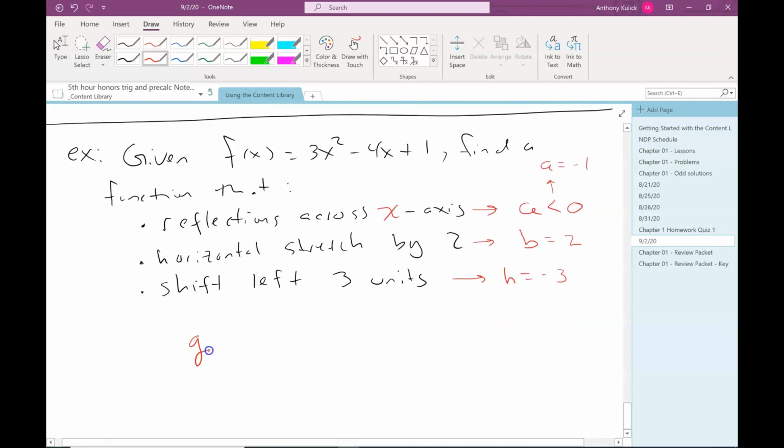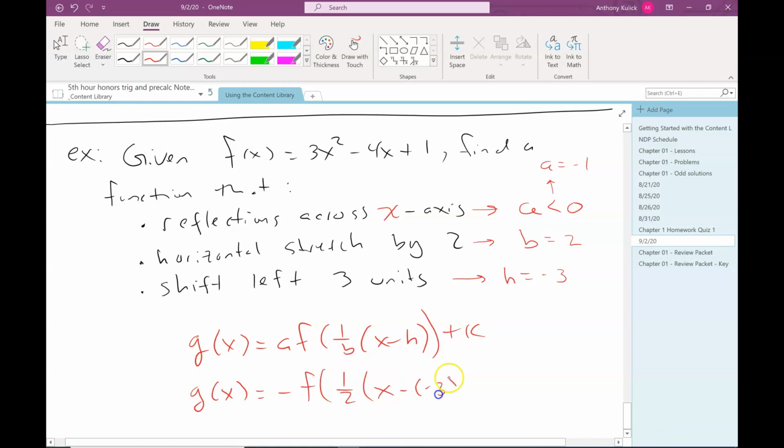So what I'm going to do is I'm going to use this general form for my transformation and plug in my values. Oops, missing one.